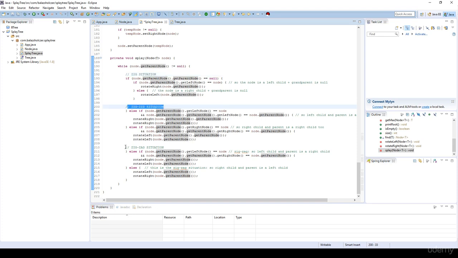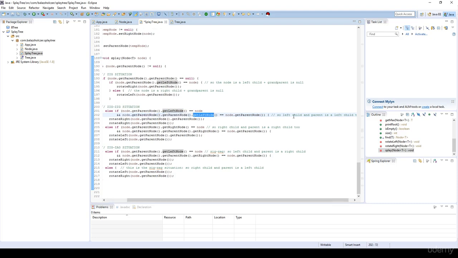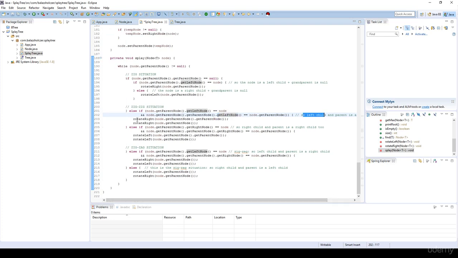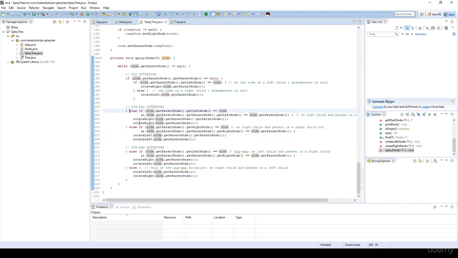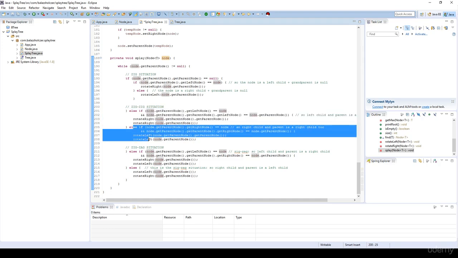We have a zig-zig situation and a zig-zag situation. Whenever the node's getParent node, getLeft node is equal to the node, it means that the node is a left child, and basically the parent is the grandparent's left child, so the given node is a left child and the parent is a left child, then we have to make two right rotations. And this is what we have been discussing in the theoretical section, that every case has a symmetric partner.